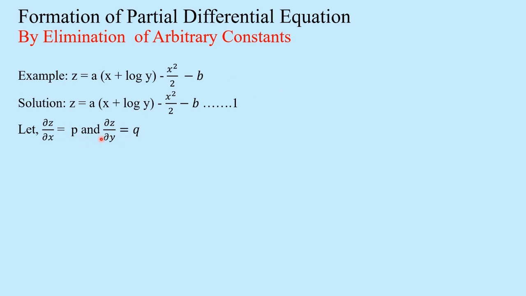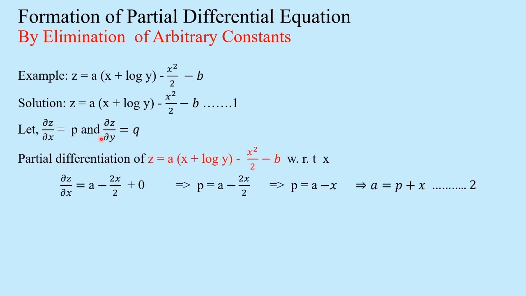Now let p be this, q is equal to this. On differentiating with respect to x, z will become ∂z/∂x, and here the differentiation of ax is a, and the differentiation of log y with respect to x is 0. So we get a minus, here x² becomes 2x and this 2 will remain the same.